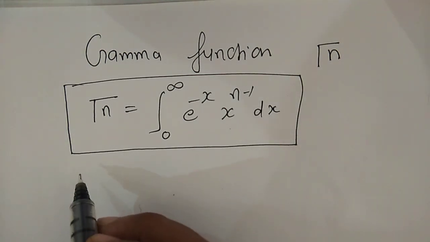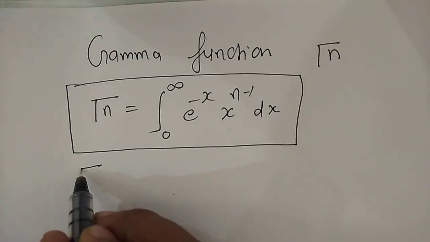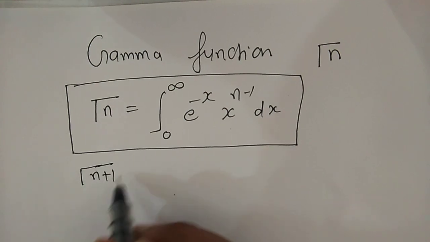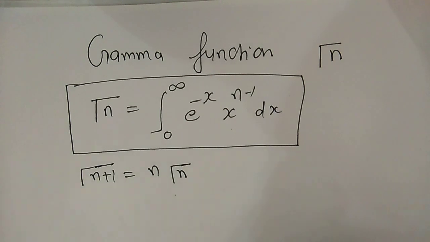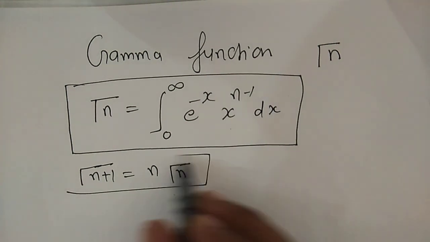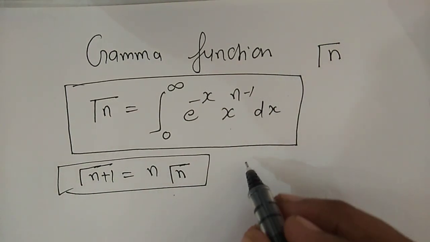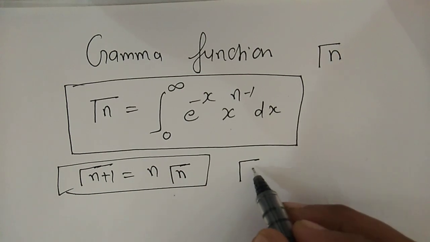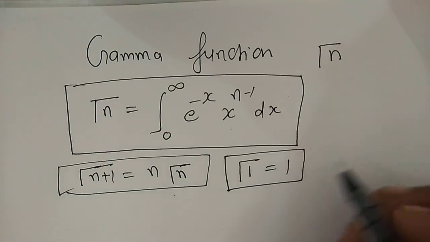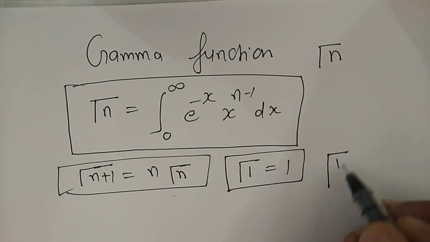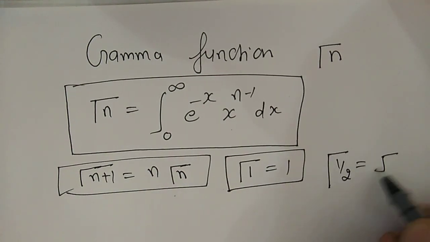One property we have: gamma of n plus 1 equal to n into gamma n, and we have gamma 1 equal to 1. This we can find out using the integral. And one more property we have: gamma of half equal to root pi.